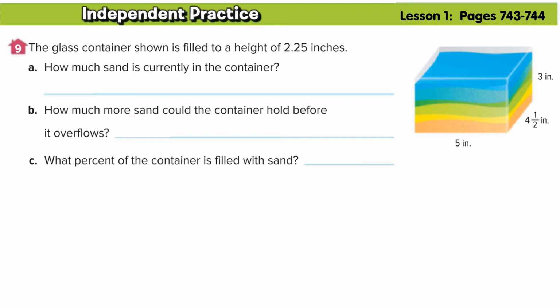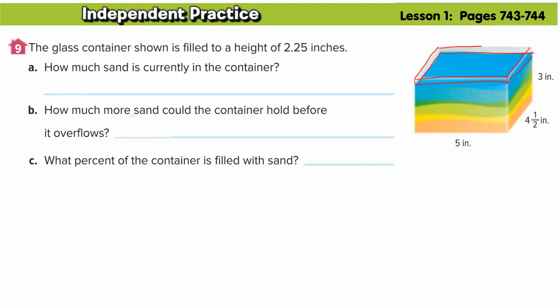Well, let's take a look at this container. As you can see, the entire container is not quite filled. There's a little bit of a gap at the top, and I'm going to draw where this gap is. So we have a little bit of a gap here. You can see that.